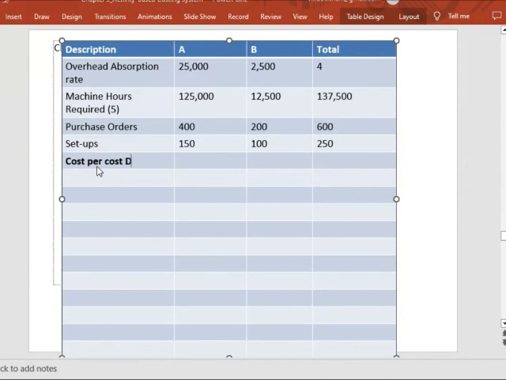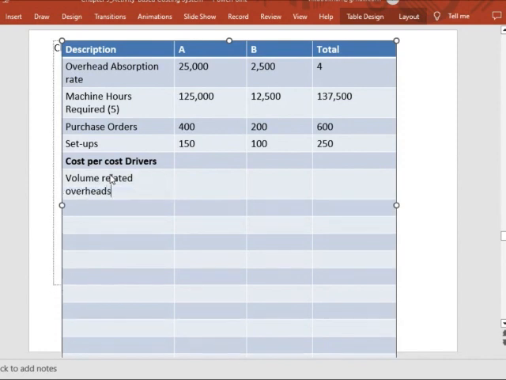Cost per cost drivers. Overheads. Cost. And we have machines.